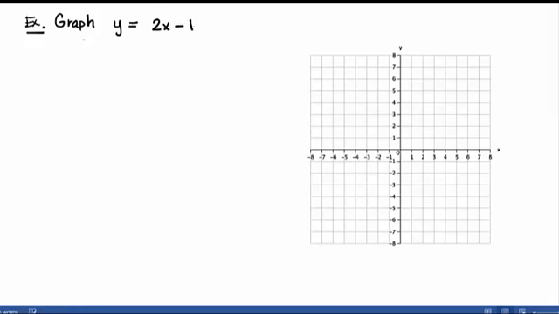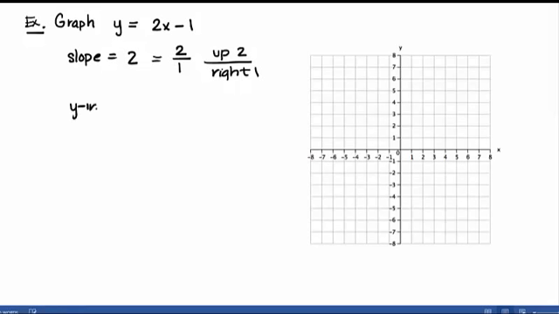Again, we have to identify our slope and our y-intercept. So our slope is 2, right? And if it's a whole number, remember I can rewrite that as just 2 over 1, right? And what does 2 over 1 mean? Well, it's positive, so it means I go up 2 and right 1, right?